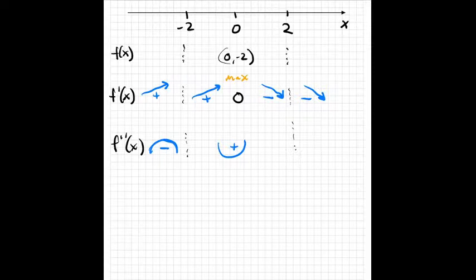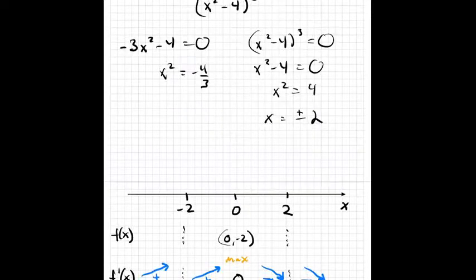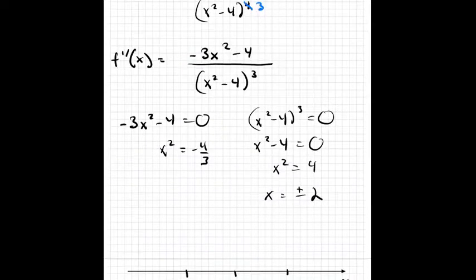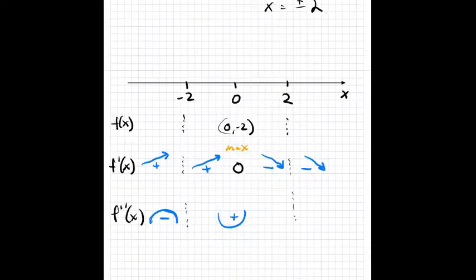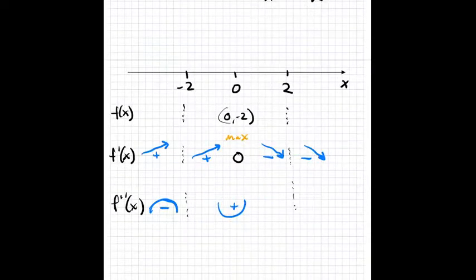Let me go back. If we plug in negative 3, right? This is positive. The numerator is negative. This is going to be positive. So it should be concave down there. If that's a max, I would anticipate that to be concave down as well.